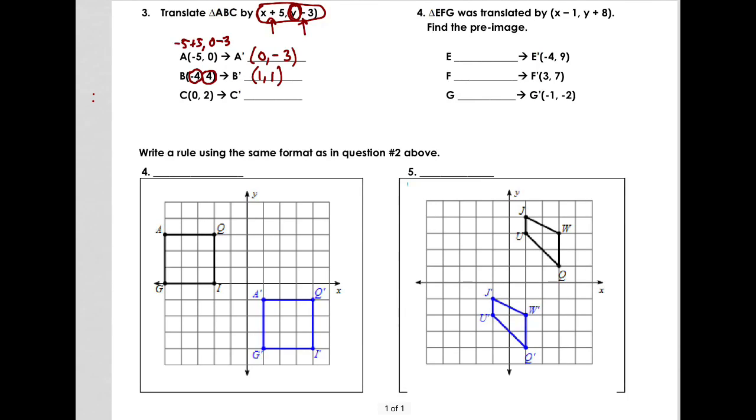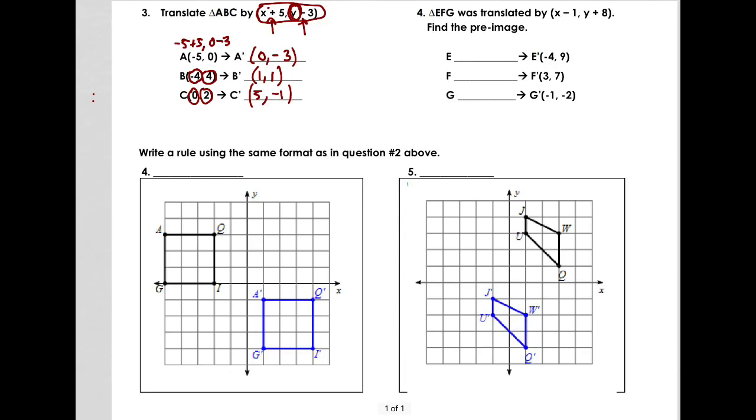All right, so make sure you use the correct order. So now our x value plus 5, well, that's 0 plus 5, which is just 5. And then our y value minus 3. So 2 minus 3 is negative 1. And that's our coordinate.